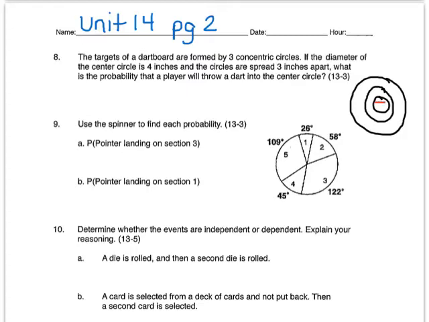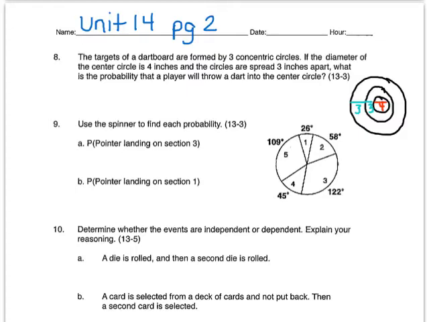So this here is 4. And then they are spread 3 inches apart, so this is 3 and this is 3. What is the probability the player will throw a dart into the center circle?